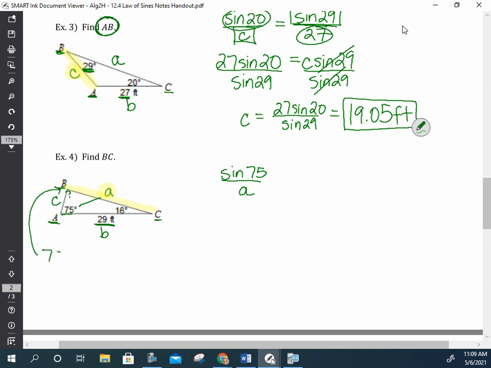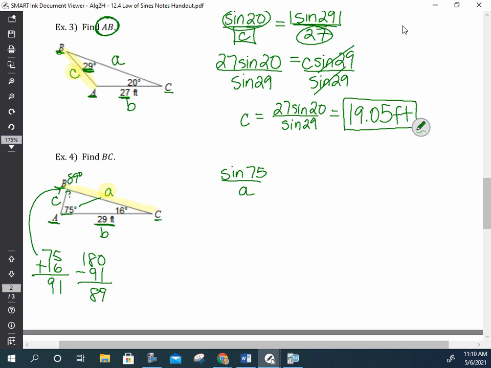So 75 and 16 is 91. 180 minus 91 gives you 89. That's an 89 degree angle, so we use 89 degrees.